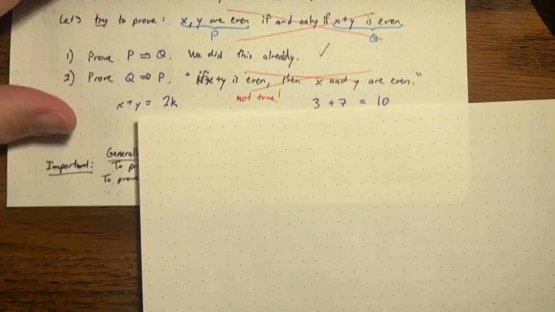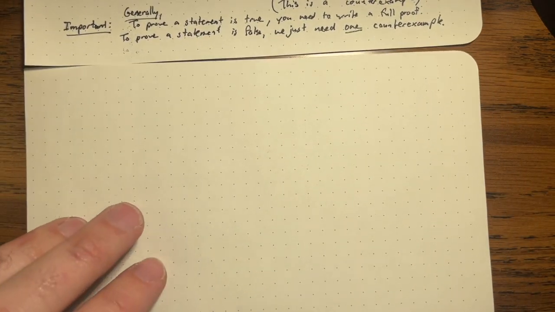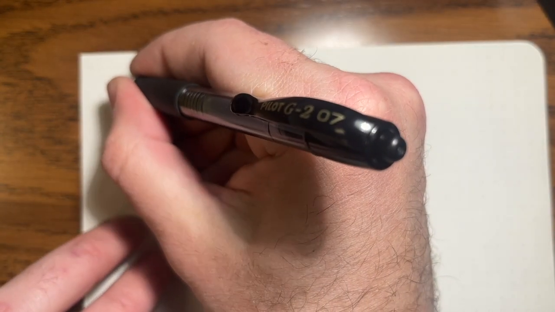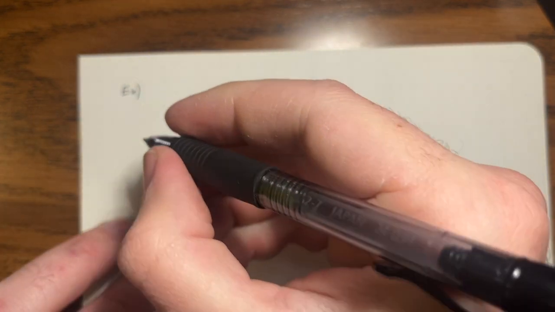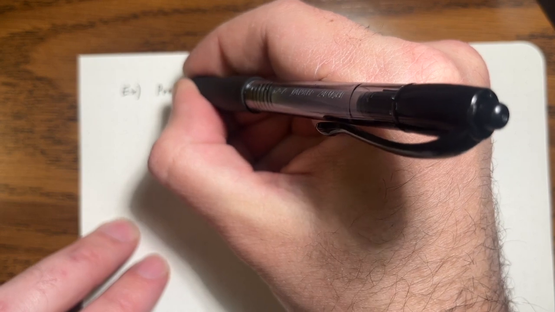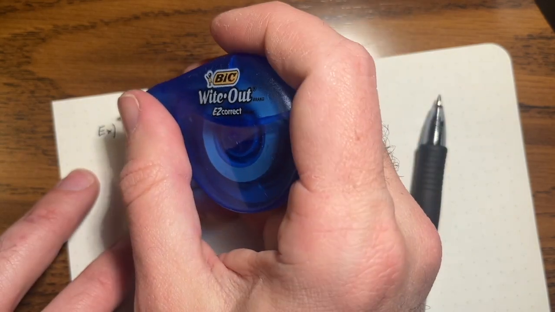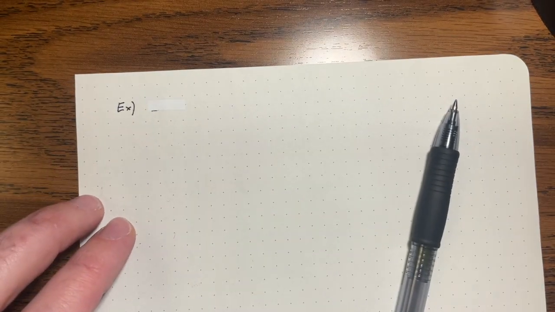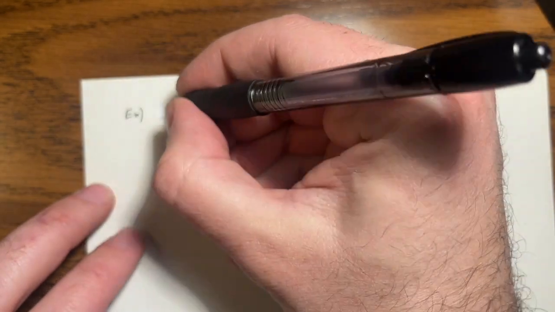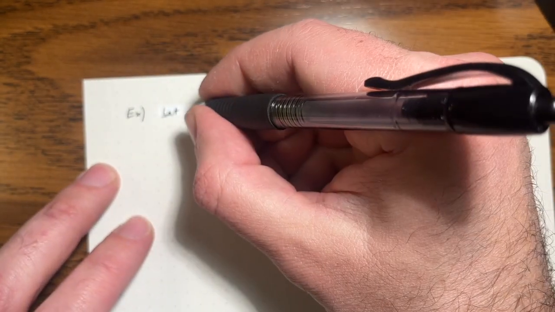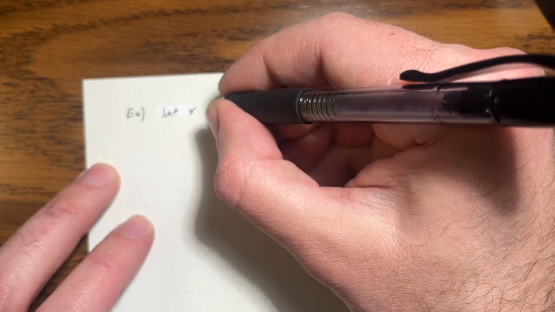Okay. Let's do one more proof, and we'll talk about the idea of proof by contrapositive as well. So let's stick with even and odd for a minute. Let's prove, let x be an integer.